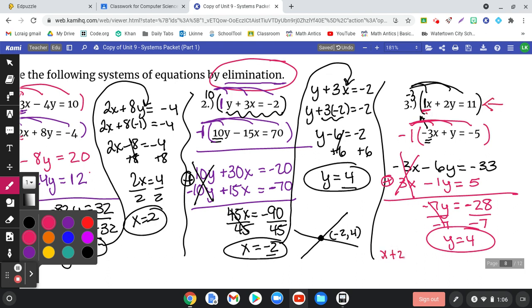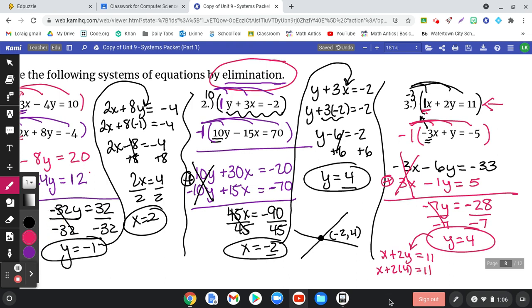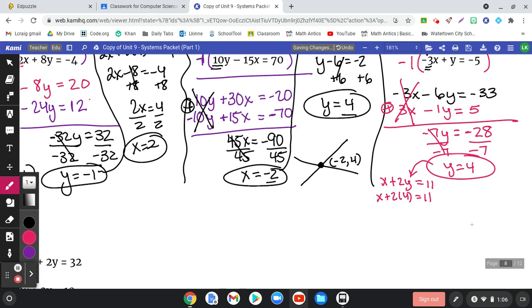X plus 2y equals 11. Well, we just said y is 4, so x plus 2 times 4 equals 11. And just solve now. X plus 8 equals 11. Subtract 8. X equals 3. So again, if we were to graph those two lines, solve and graph, they would cross at the point 3, 4.